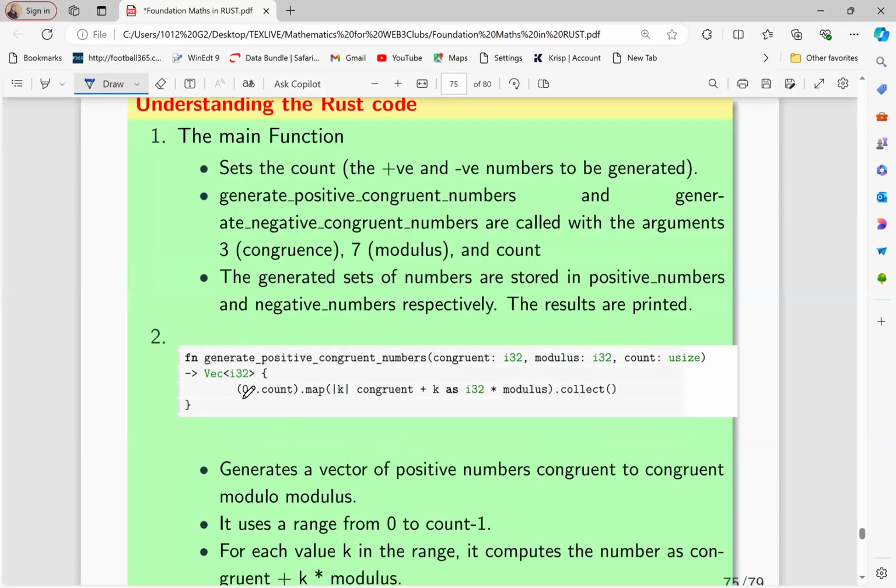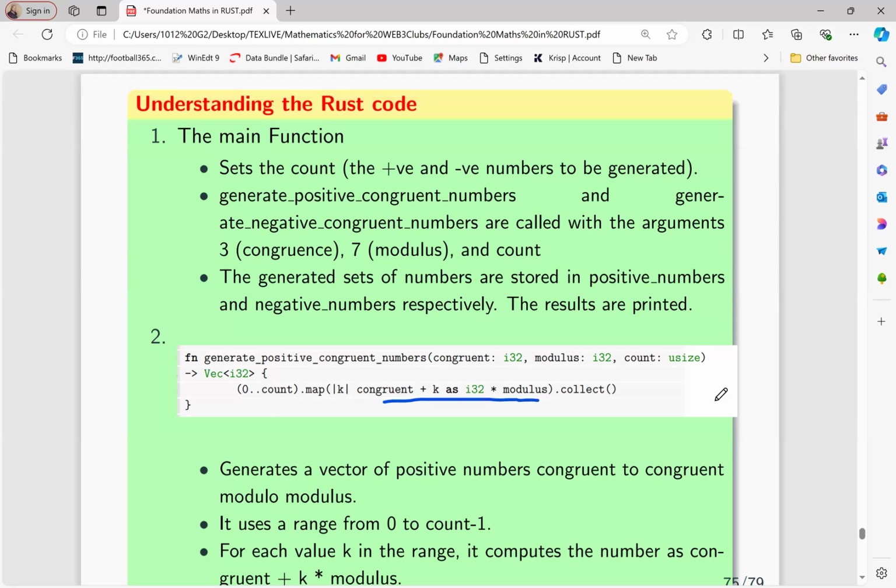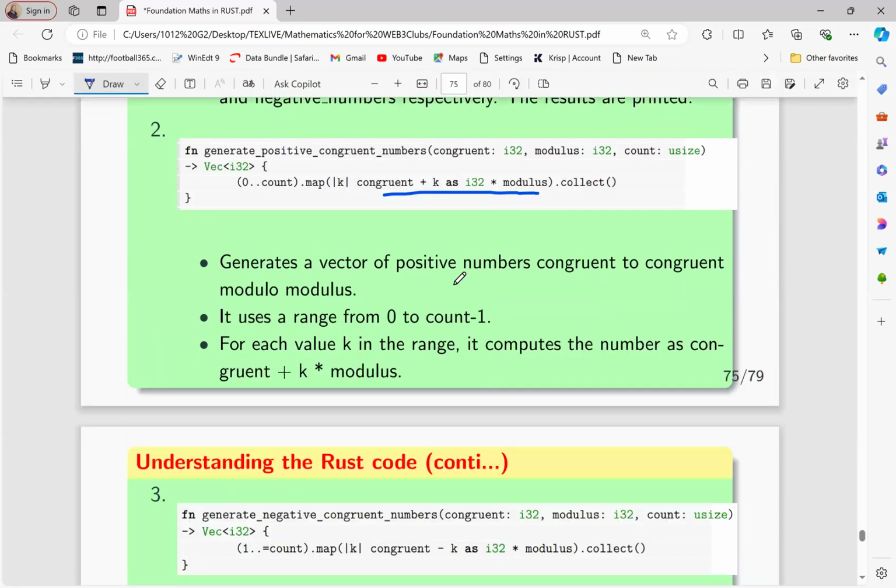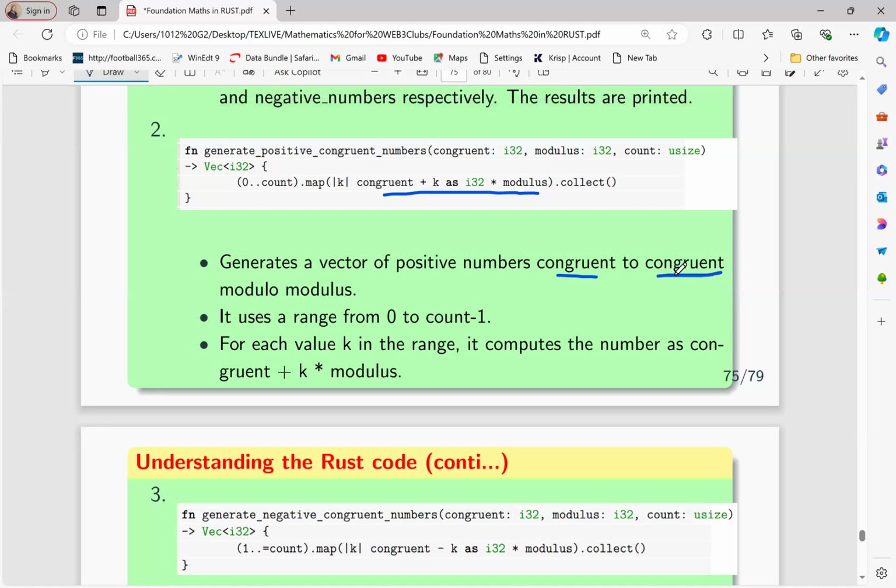Then there's this part which generates the positive numbers. The only thing we need to know here is the range and then the formula. And of course, we know I32, we know what it means. So I've said it generates a vector of positive numbers congruent to a given modulus. In this case, the modulus was 7, and the congruent value was 3.